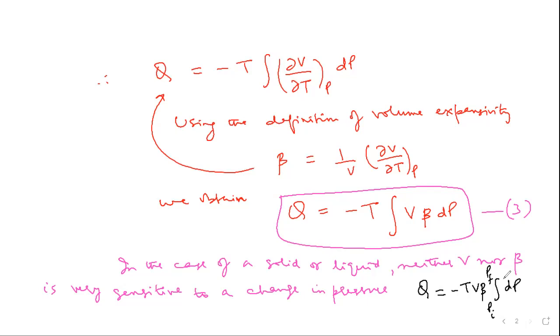We have taken volume and expansivity outside the integral, assuming them constant. This can be done for a solid or liquid. Pi is the initial pressure, Pf is the final pressure. So after solving that, what we get is Q is equal to minus V beta times Pf minus Pi.